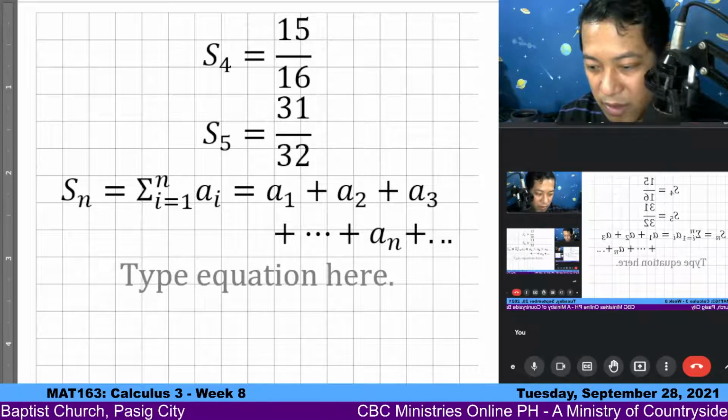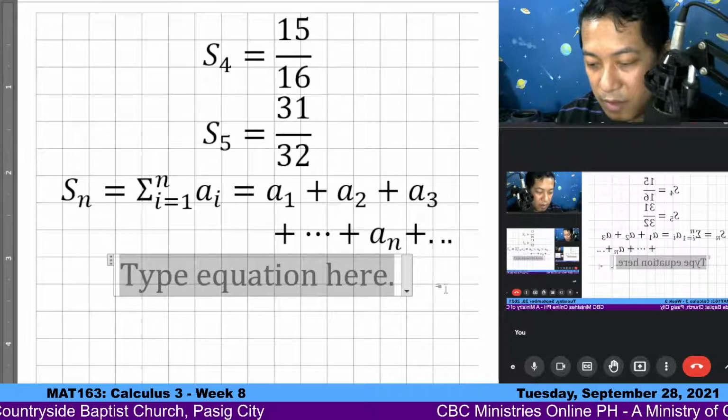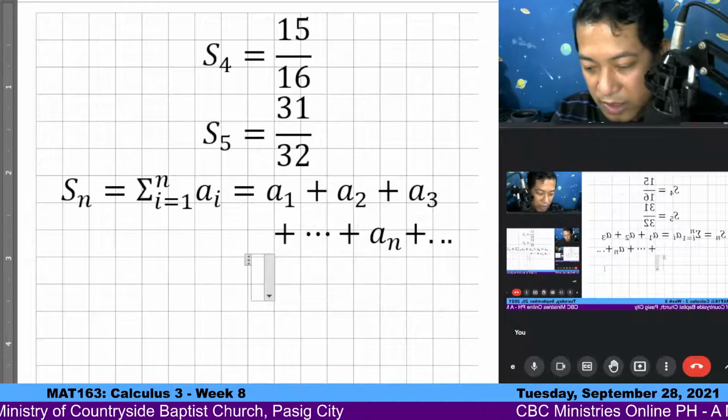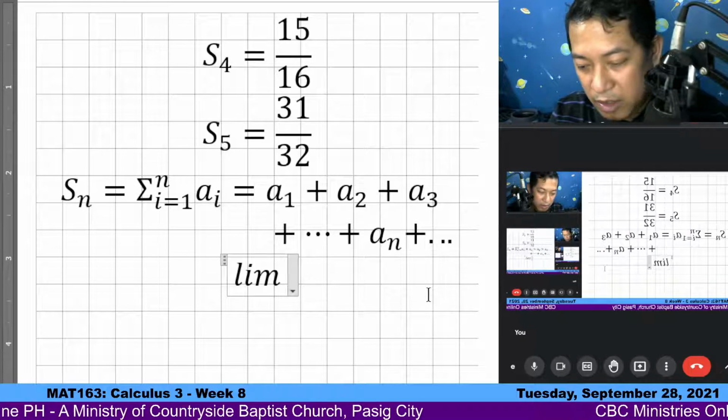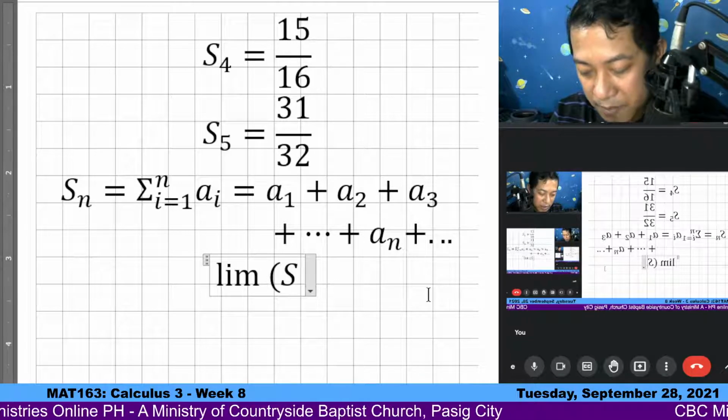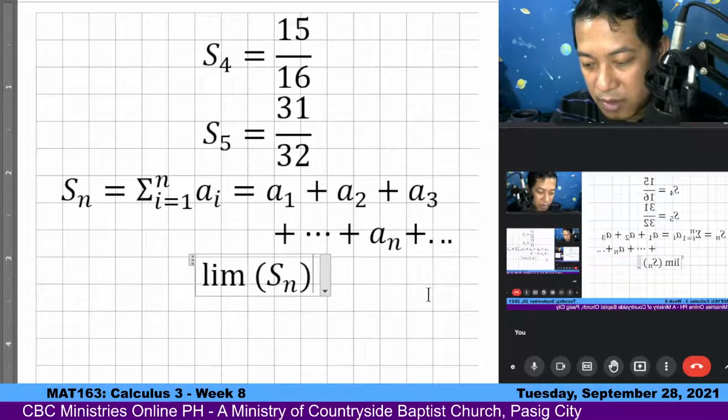From here, we could say that there is a limit of this sum by definition.